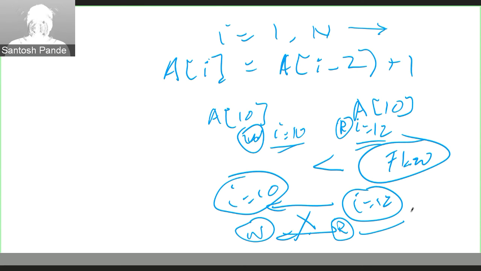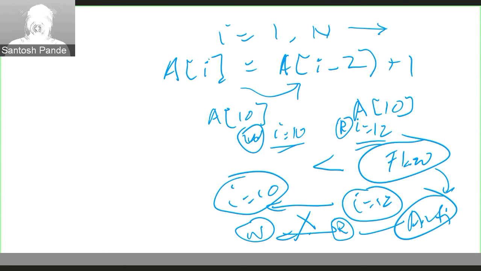Originally it was flow, this will become anti, and this will be illegal. So the problem here is that there is a loop carried dependence, and once we reverse it, the direction of the dependence also reverses from flow to anti or anti to flow, and that's why we can't do the reversal on the iteration space here.